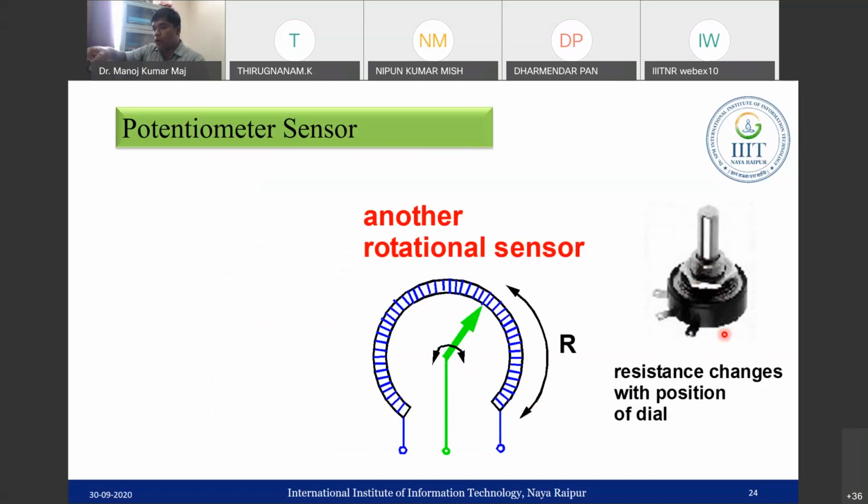Depending on its position, its resistance changes in a potentiometer, because in the case of a potentiometer, we have different resistance values at different points. So whenever we move the knob, we have different resistance values there, and that's why it can sense the change of resistance in the form of a voltage value. That is called the potentiometer sensor.